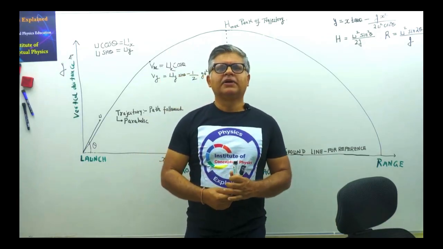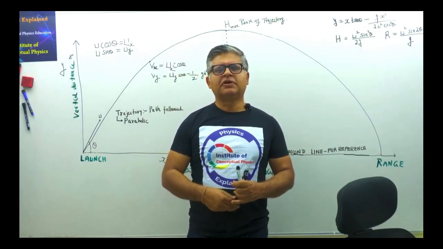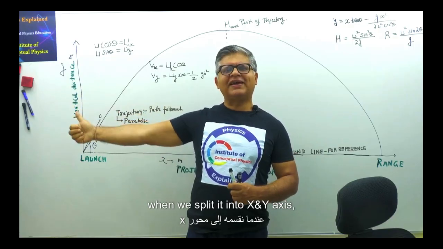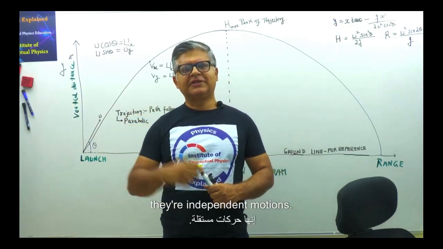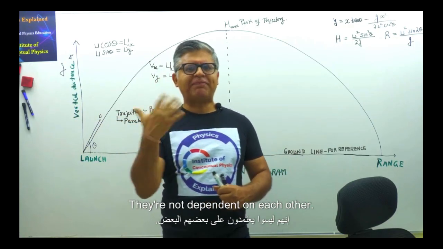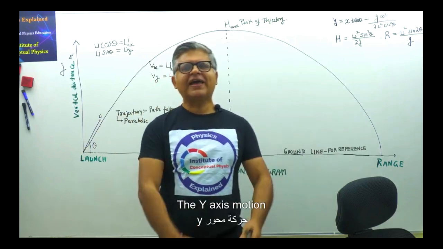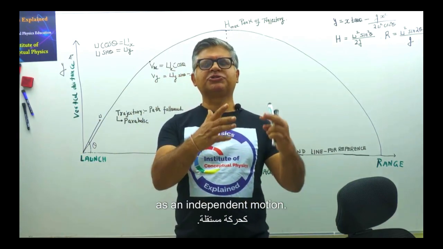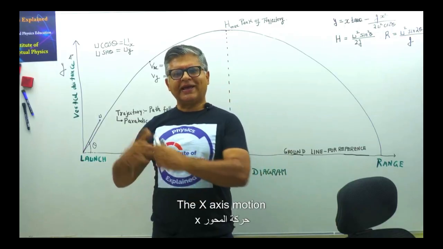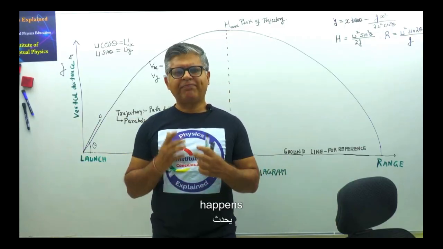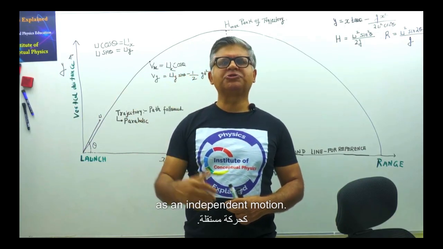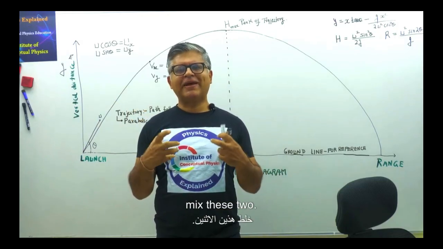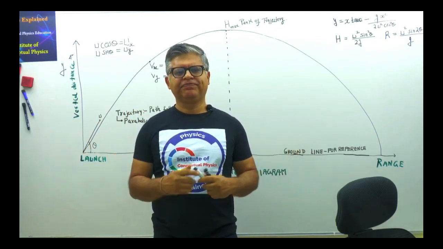Second, a projectile motion, when we split it into x and y axis, they are independent motions. They are not dependent on each other. The y-axis motion happens as an independent motion. The x-axis motion happens as an independent motion. You really can't mix these two. They are separate.